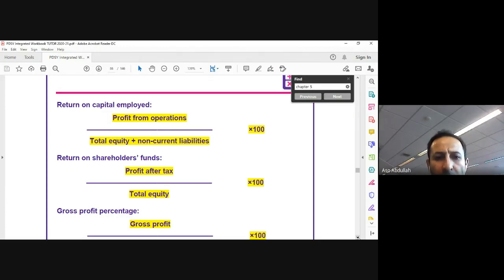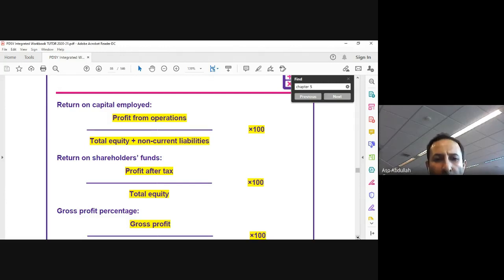It says profit from operations. When we say profit from operations, it means from the physical activity of a business during the period, usually a 12-month period if you are relying on the financial statement and statement of profit and loss.